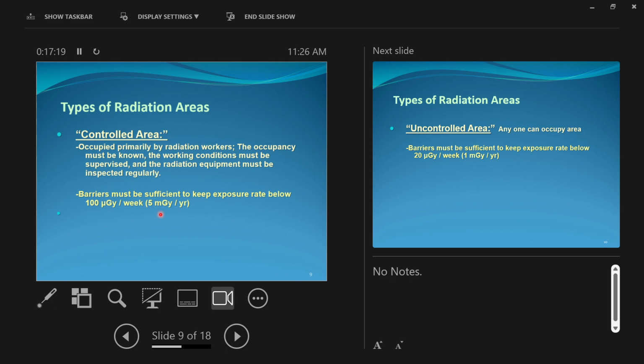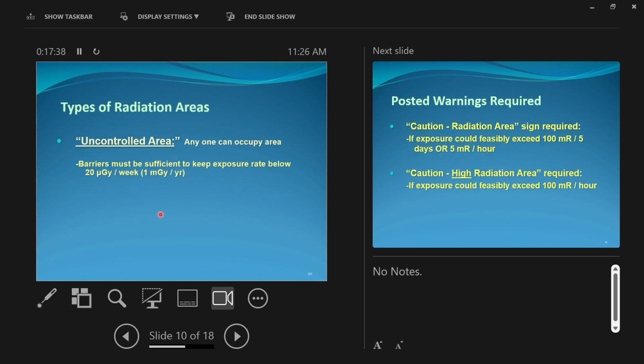Your radiation areas have to be set up so that the amount of radiation that leaks out of those areas is less than the amount of natural background an average person would receive. We can't be giving people more than the natural background that they're receiving. That's the idea. The other version is uncontrolled areas, which are not our X-ray rooms.